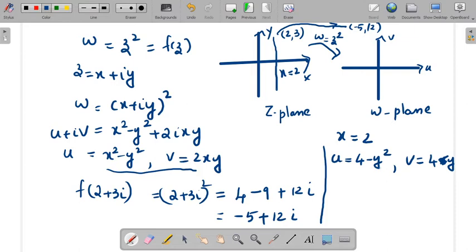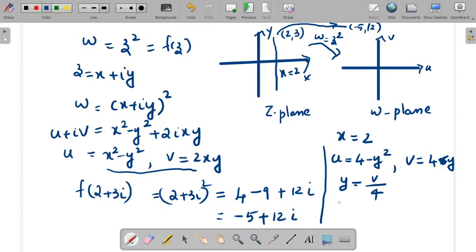To get the relation between u and v, we eliminate y between these two equations. From the second equation, y is equal to v divided by 4.